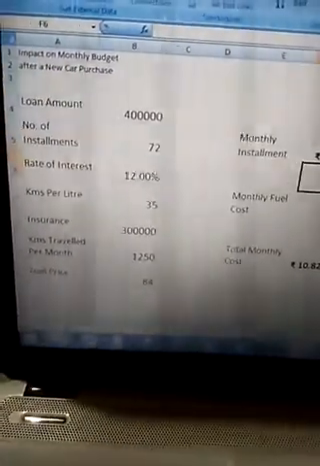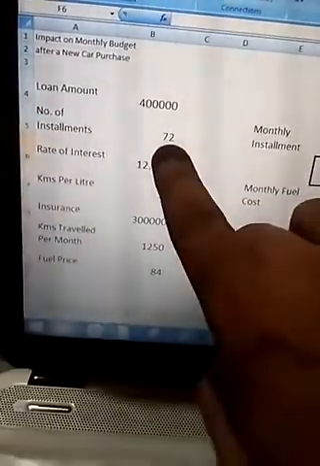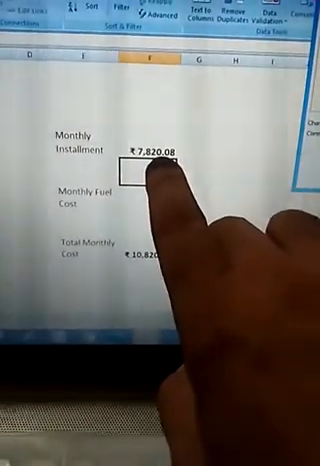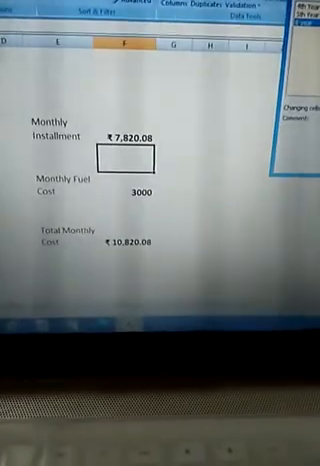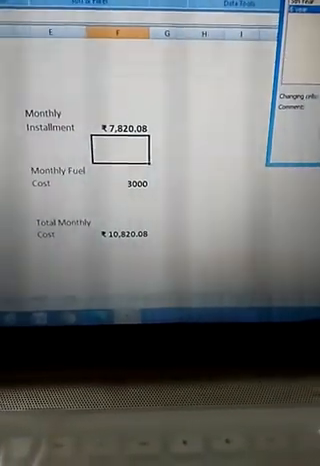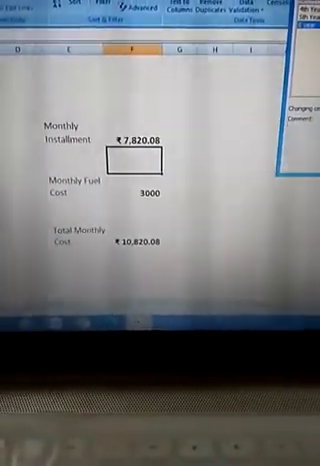So it becomes less. Now if I choose the 6-year plan and click on Show, the number of installments increases to 72, and you see the monthly installment decreases again, to 7,820.